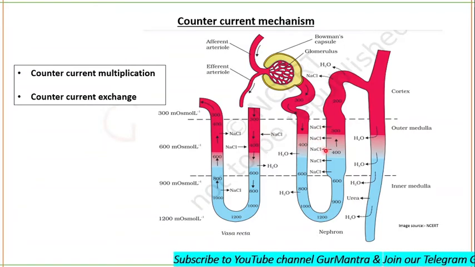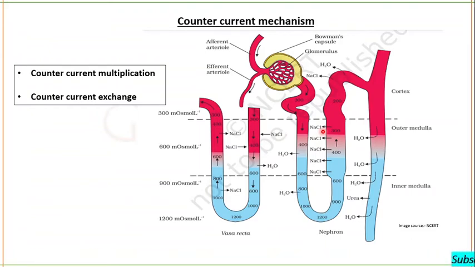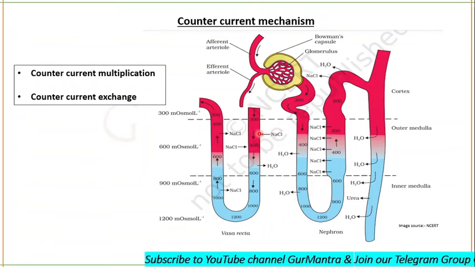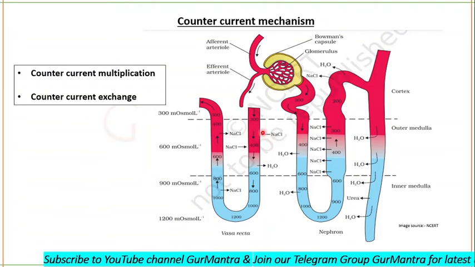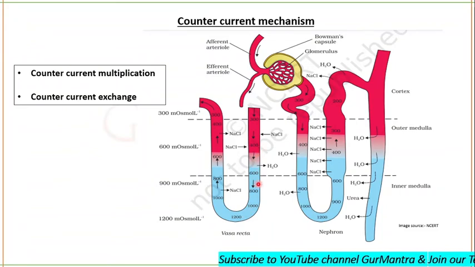The sodium chloride coming out of the loop of Henle is entering into what? It is entering the descending limb of the vasa recta, and the sodium chloride now increases the osmolarity in the vasa recta.